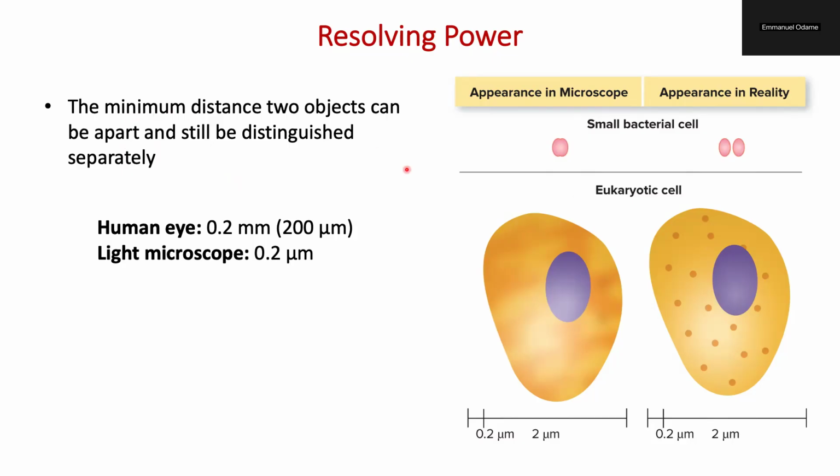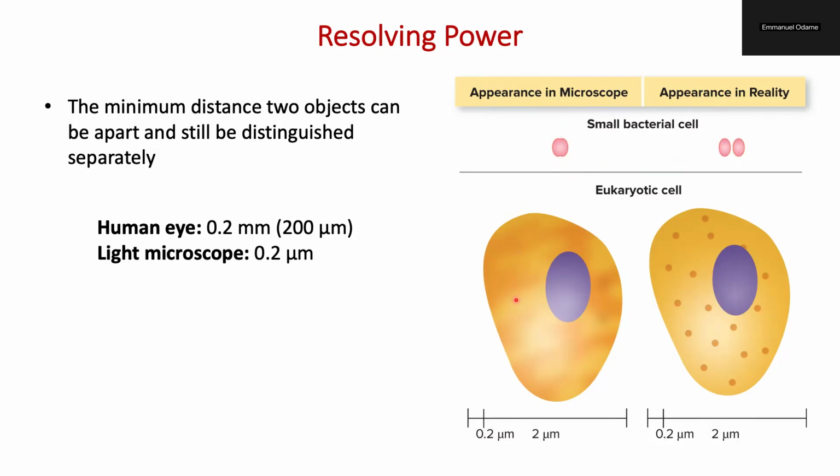Here you have two bacteria. They are actually two in their original appearance. But if the resolution power is bad, or if you can't see clearly, the two appear as if they are one, and you can't actually see them.